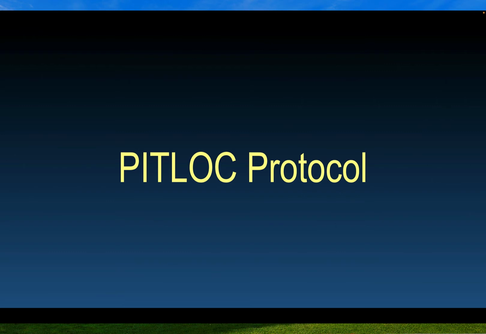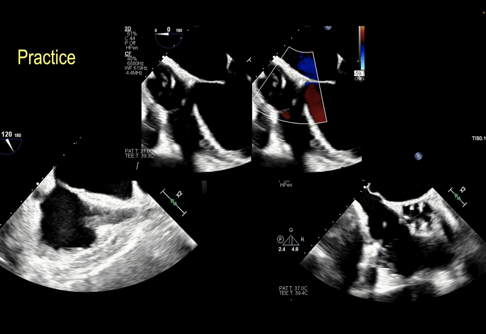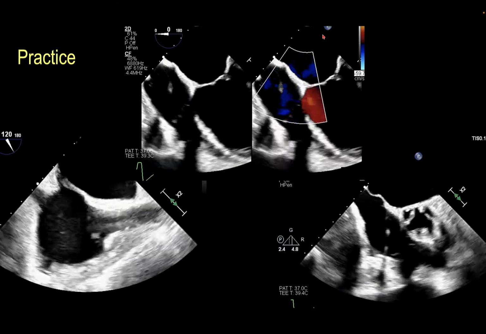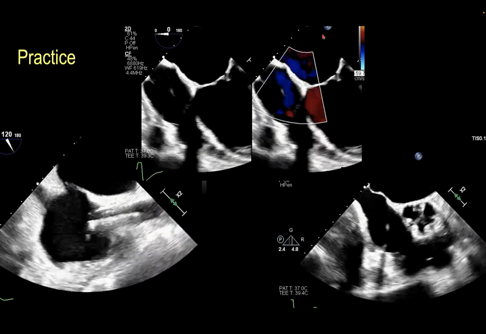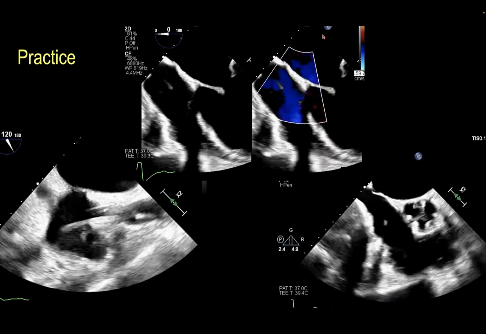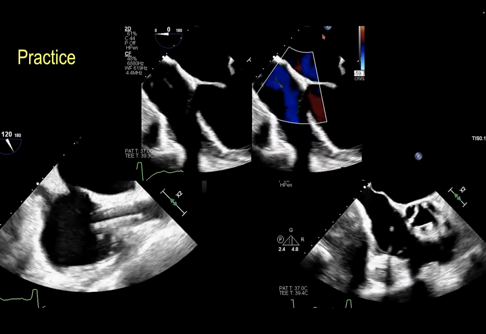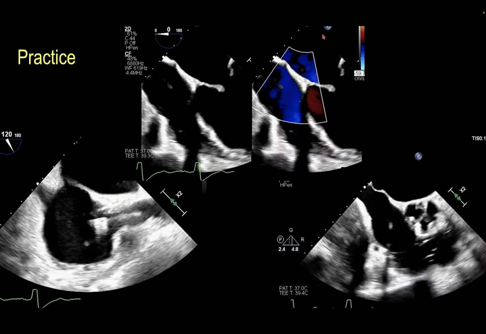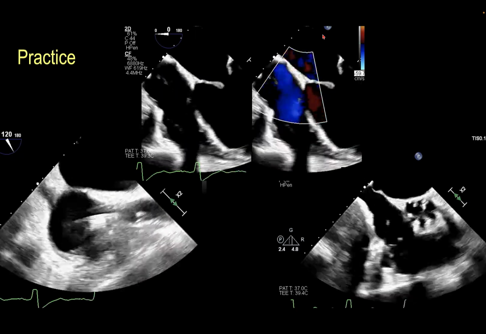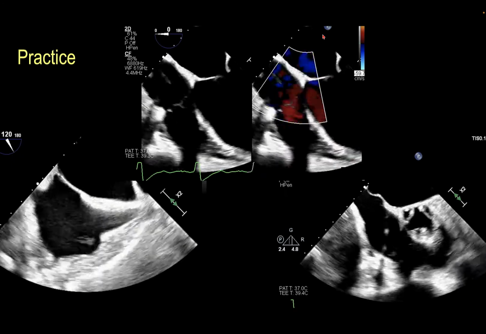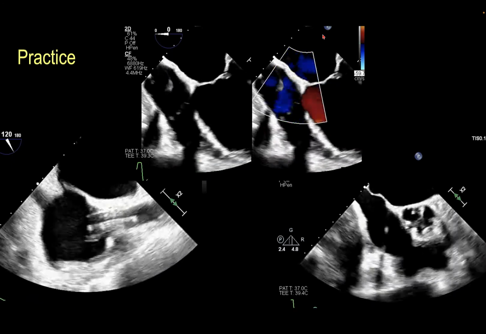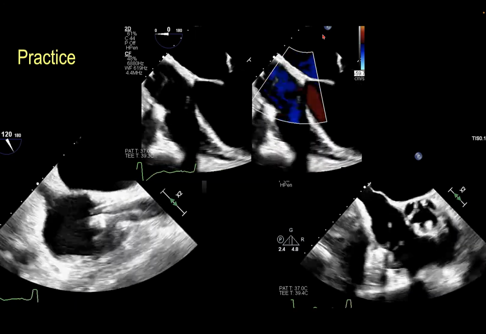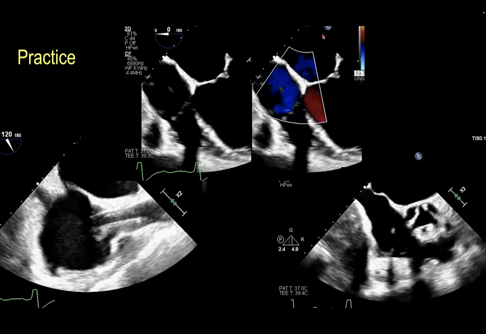The first step of this Pitlock Protocol is to practice, because these are the images, the mid-esophageal bicaval window, short axis view, and four-chamber view, that you are expected to acquire very quickly during septal crossing. While we've been taught in textbooks about the specific angle orientations and probe manipulations, patient-specific anatomy sometimes results in these images coming off non-standardized probe positions and angle rotations.